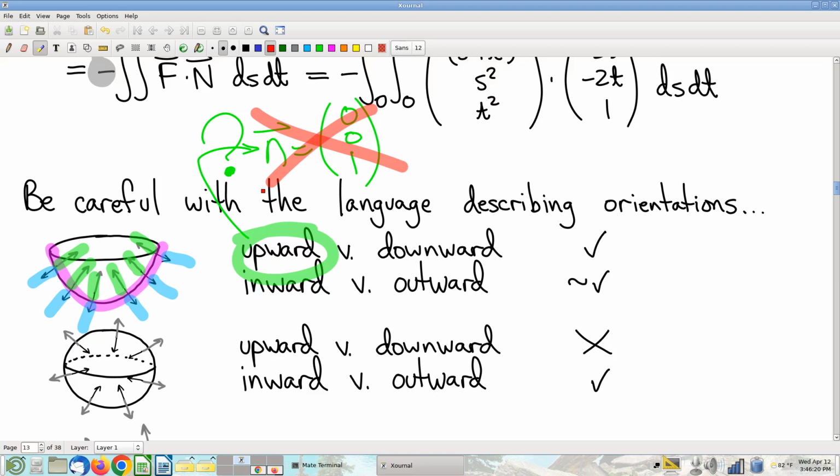We're just not. Furthermore, notice this doesn't even make any sense as a normal vector. It's not perpendicular to the surface. Right? So it can't be a normal vector. So I couldn't possibly have meant this. It doesn't even fit the bill. Does that make sense to everybody? Okay, so what do we mean then when we use a word like upward?